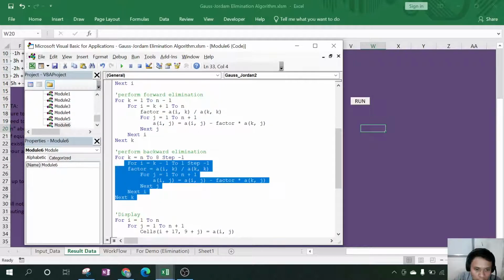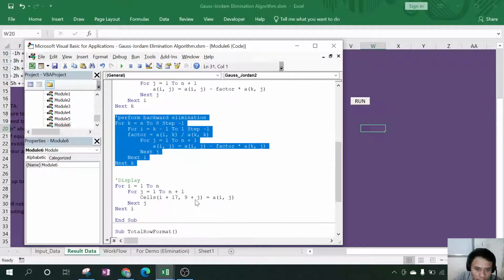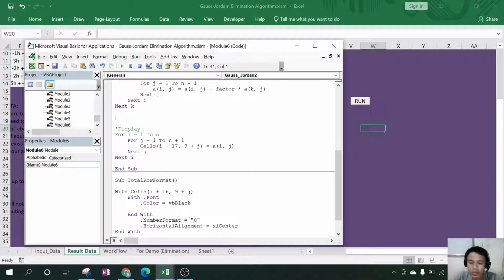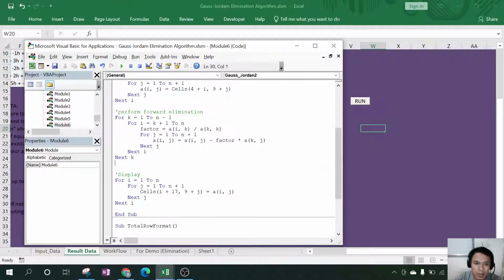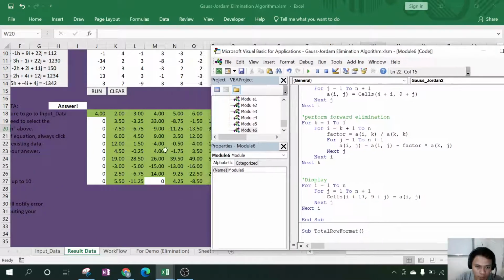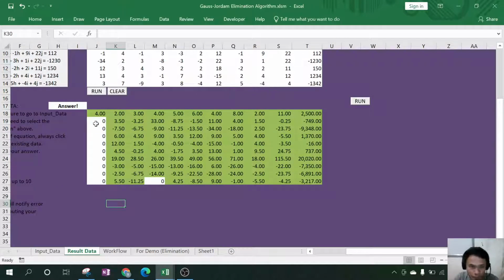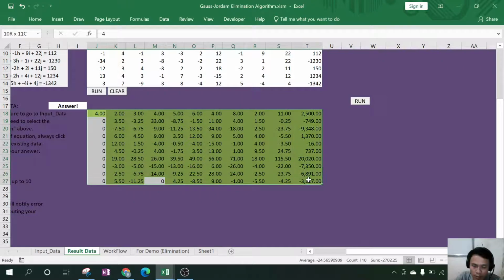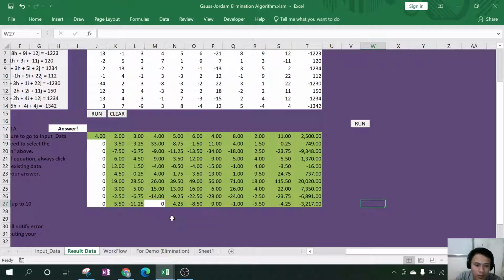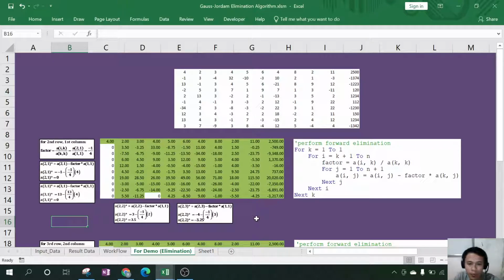Let's erase this one, backward elimination. So we are on the process of forward elimination. When k is 1 to 1, we run this program. As you can see, this is the result, which I have screenshotted there.